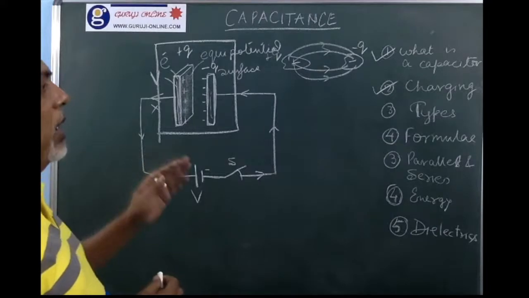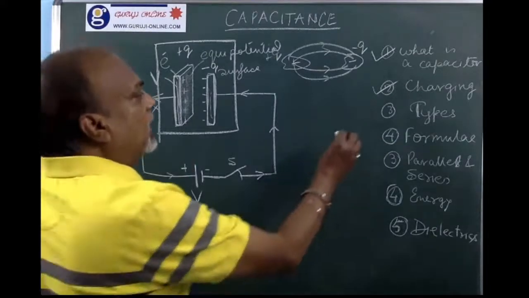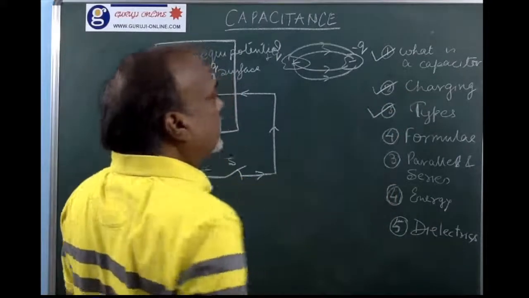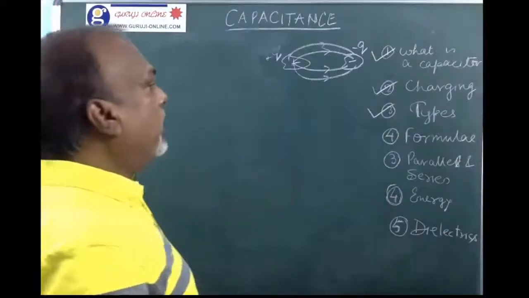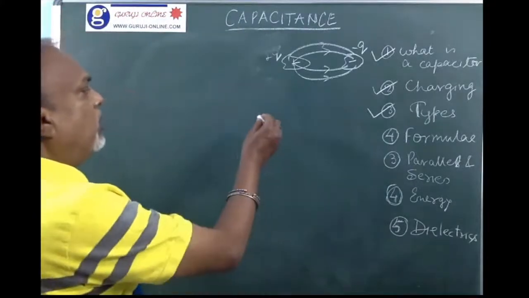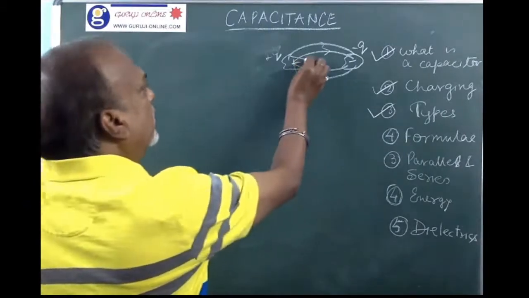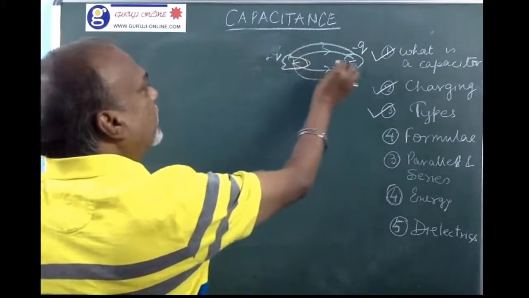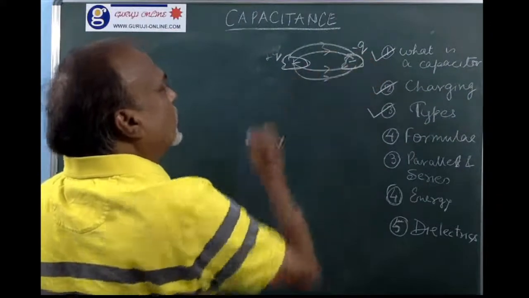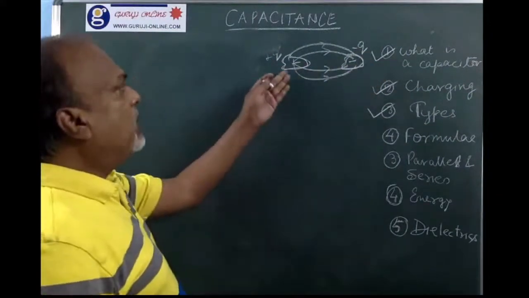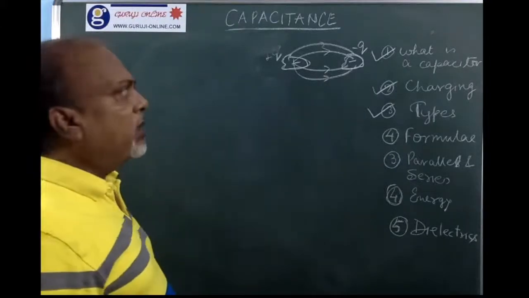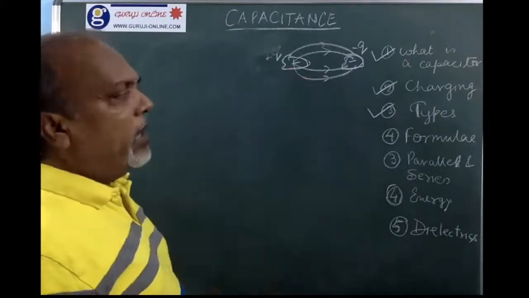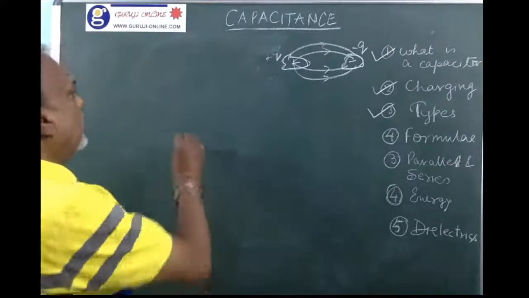Now let us go to the third topic, types of capacitors. Actually, I told you it can have any geometry. Like this, two charges of equal value, plus and minus, if they are spaced apart, behave like a capacitor.